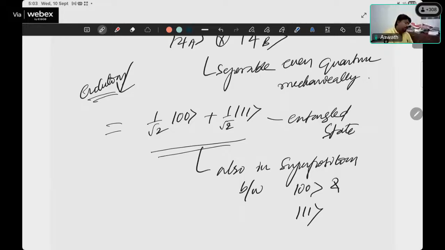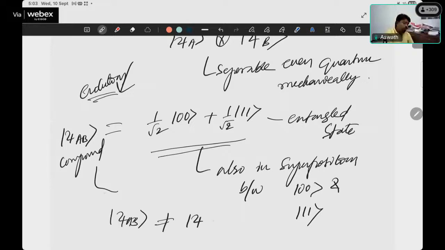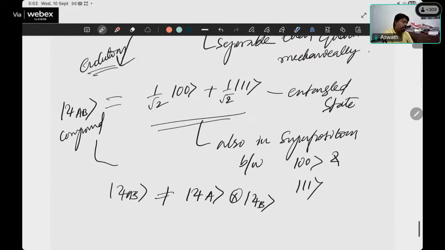See here, the moment it evolved, this time I have to write AB, the compound system. And remember, this compound system is never equal to a separable state. Which means quantum mechanically I can't separate this into two parts, but physically I can separate atom A and atom B. This is very, very important.